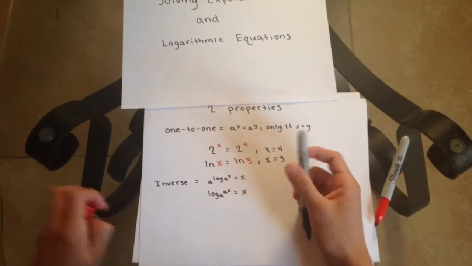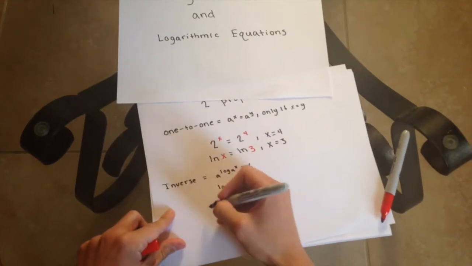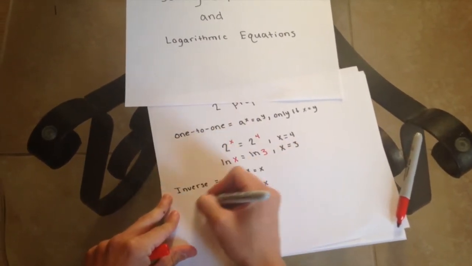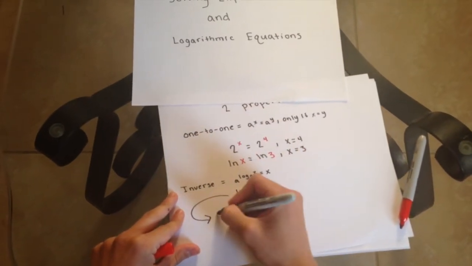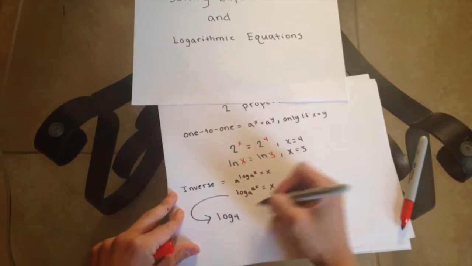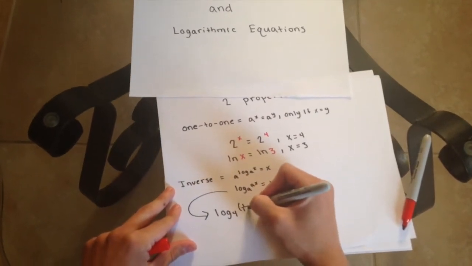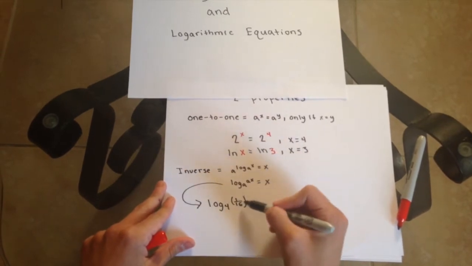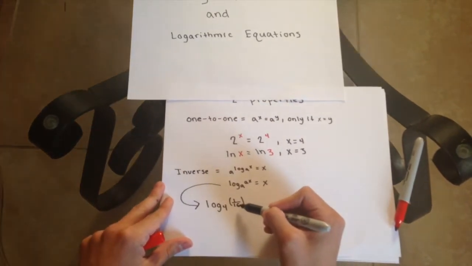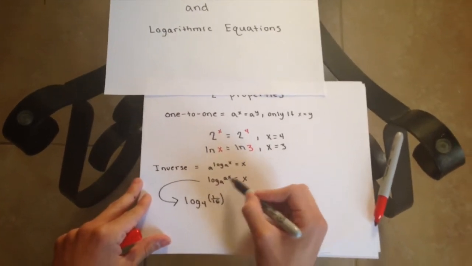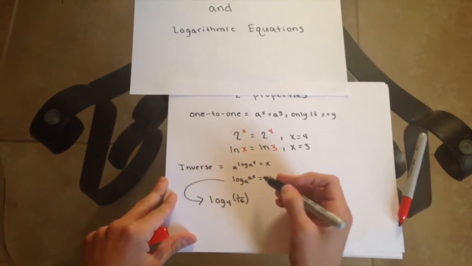For example, let's do log base 4 of 1 over 16. Okay, so first off, this is not in the inverse function form, so we're going to have to convert this to fit the property.